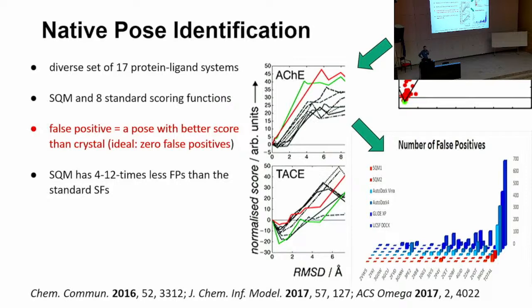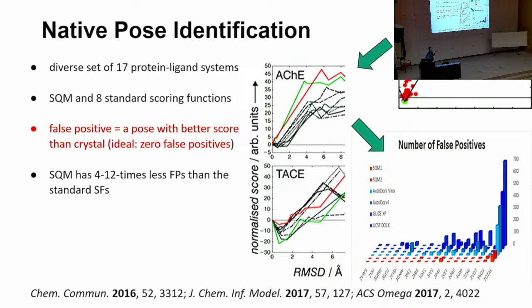One other task is native pose identification, which is pretty similar. This we did with 17 protein-ligand systems, where you generate a lot of poses, and you want to see which one should be the native pose.